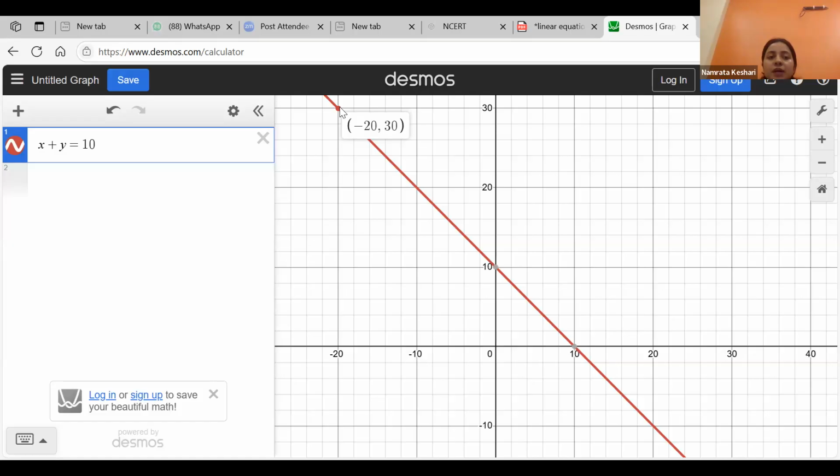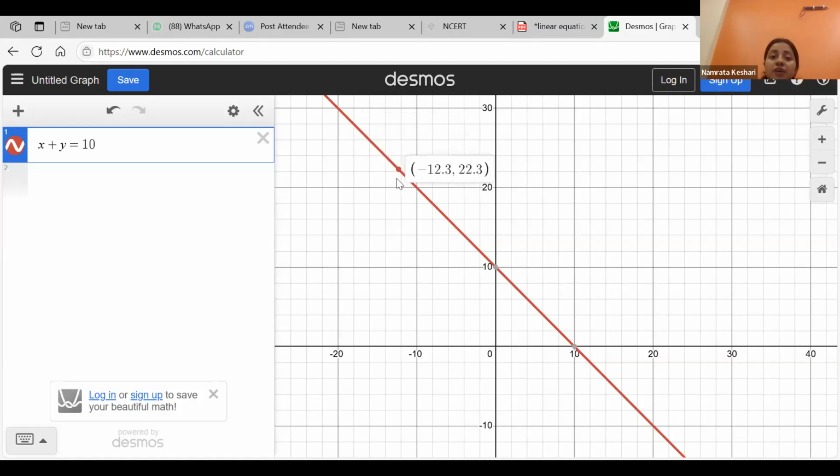Yes or no? Minus 20 plus 30 is plus 10, right? Yes, ma'am. Next point you can see it's in decimal, but still when you take it you will be getting just 10. Next point, it's in decimal, but when you add them, definitely you are going to get 10.